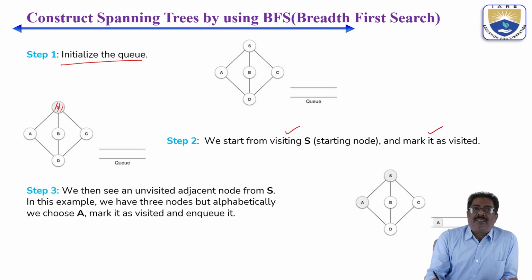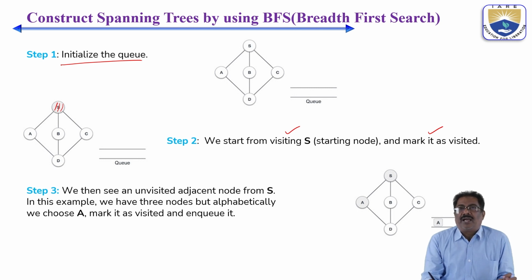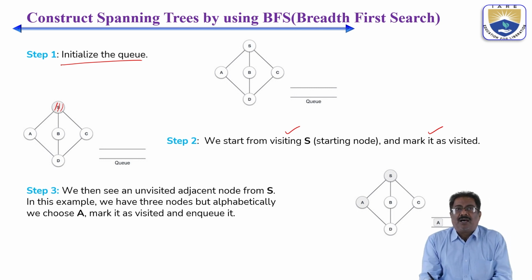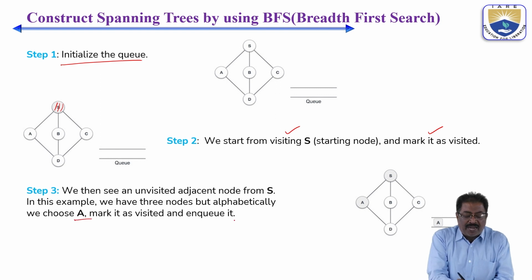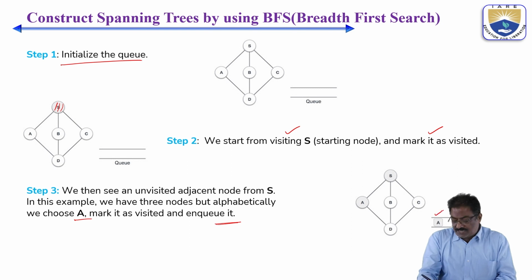Then we see the unvisited adjacent nodes from S. In this example, we have 3 adjacent nodes, but alphabetically we can choose A. We mark that as visited and enqueue it. We are just keeping that in the queue.